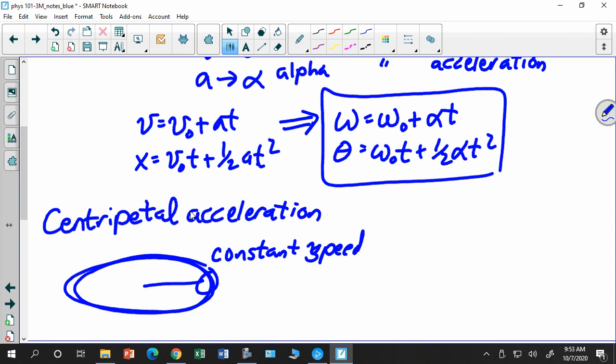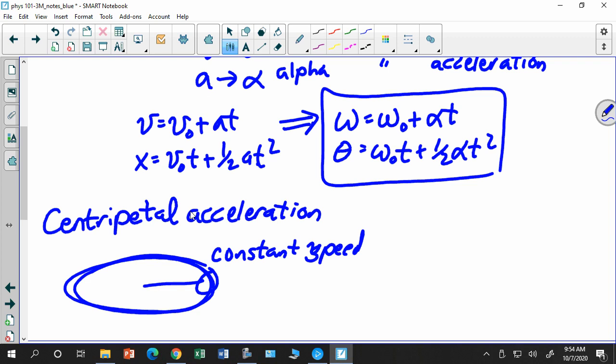So this tension is pulling towards the center of the circle. That's what centripetal means, by the way: center seeking. So I have this center seeking force that's causing this object to not fly out straight ahead, which is where the velocity is going right here, but instead to move in this direction and to constantly change its direction. And so we're going to get into centripetal acceleration.